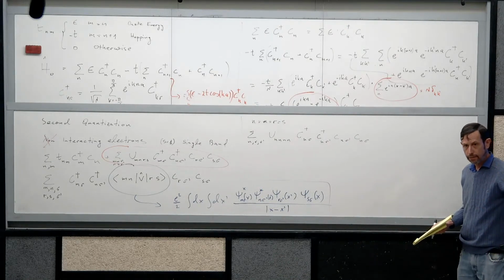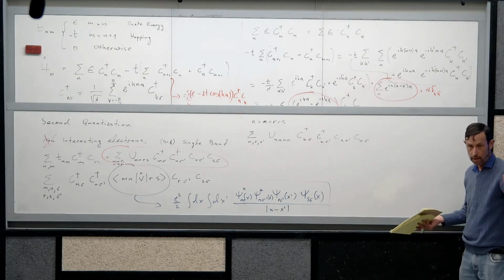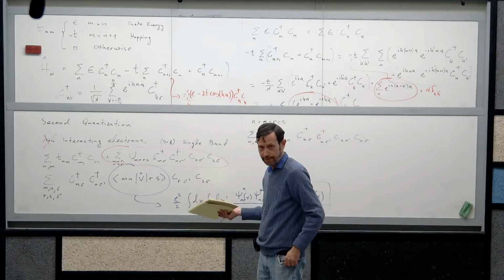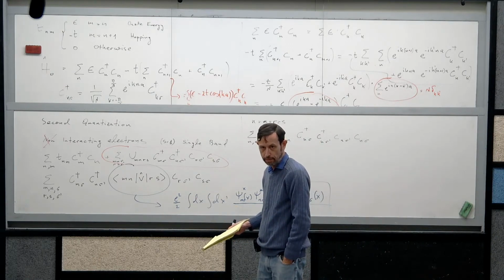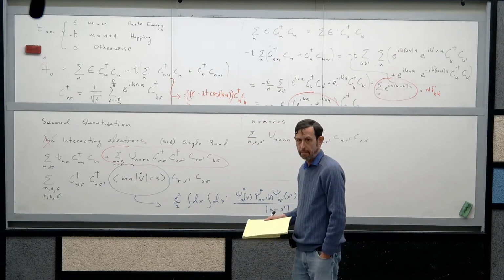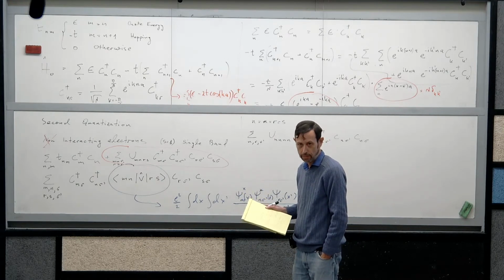Could there be physics where there are spin flips? Yes, but then you have to put in the correct interaction. Here we assume just simple hopping, that's all we have here. So you're taking into account only Coulomb interactions between the electrons, no magnetic interaction.